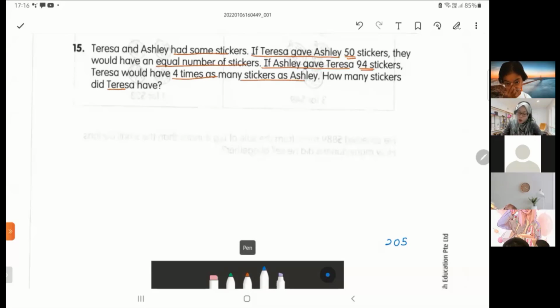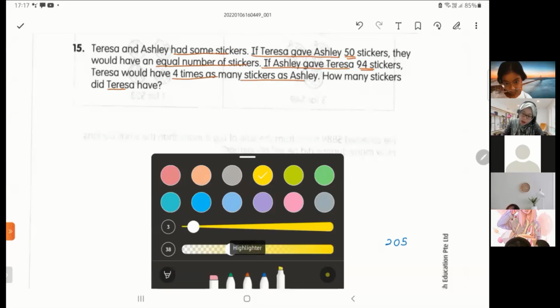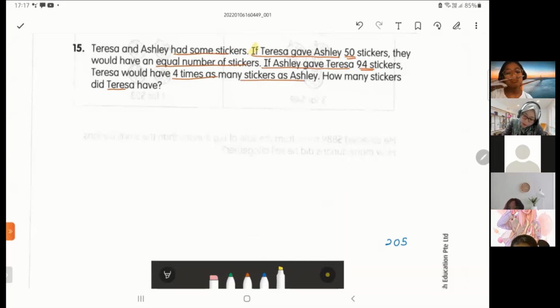Okay, so I want to bring to your attention about this. There is one if, there is two if. So in this question, there are 2 scenarios. This is a very complex question where we are going to apply case 1, case 2 concept.